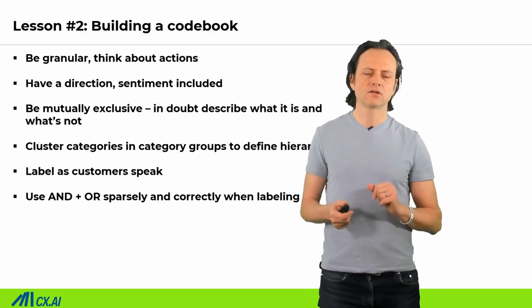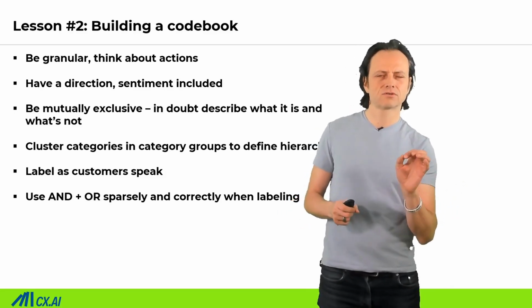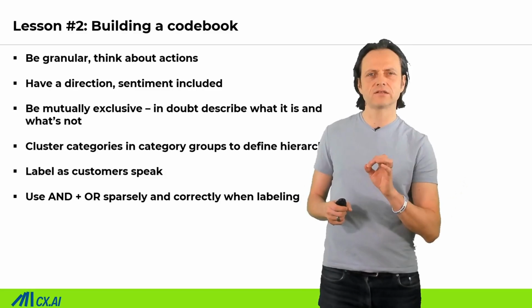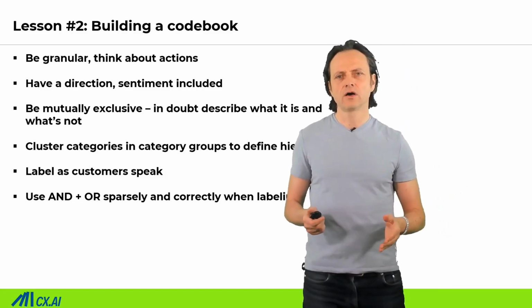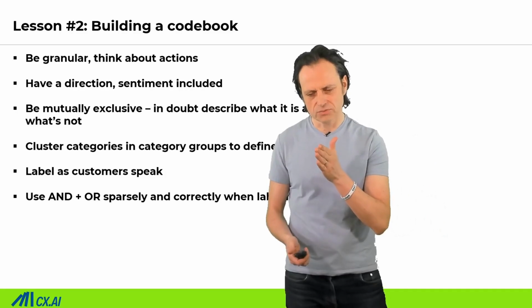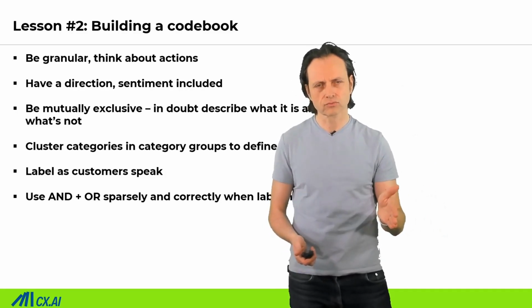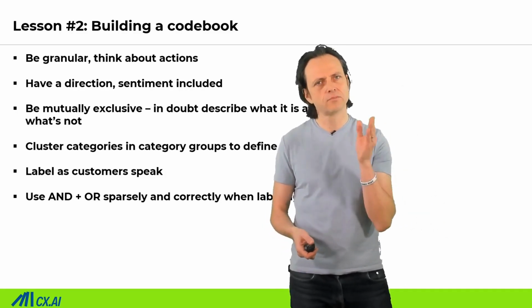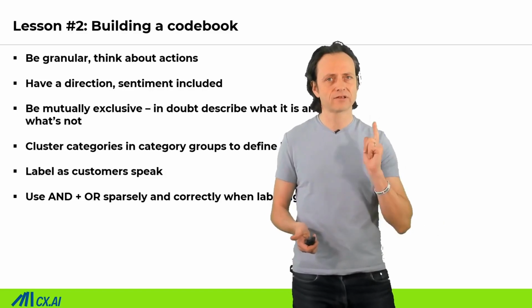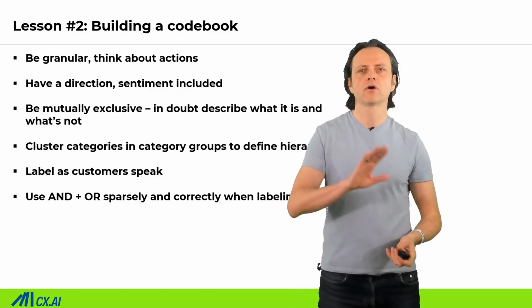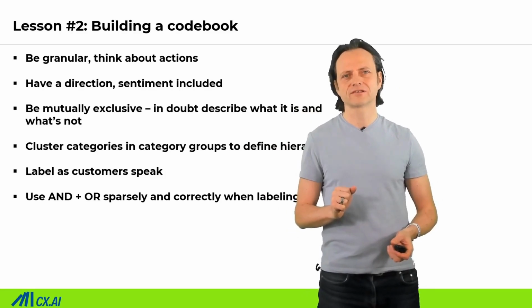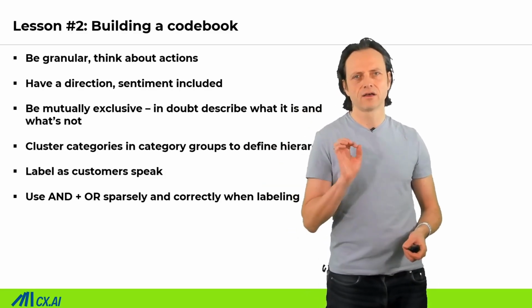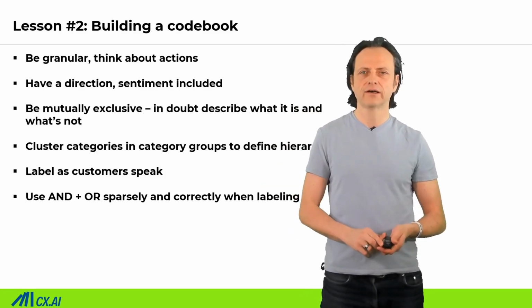And then it's again important to use "and" or "or" the right way. "And" means the customer mentioned both, "or" means he mentioned one of them. That's important to give the person who reads the label as well as the AI the correct guidance.